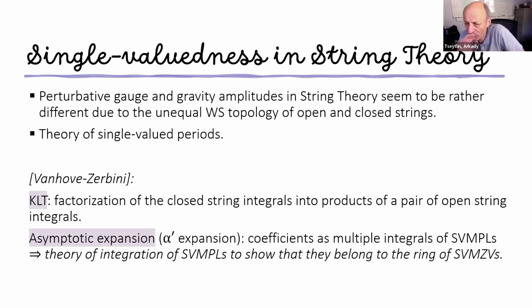May I make a comment? What you're saying is definitely true for standard string backgrounds which have a description in terms of an NSR string. If you have Ramond background, it's actually not much known what to expect. The reason for that is that you can use Ramond vertex operators in an NSR formalism, but they are quite unusual.